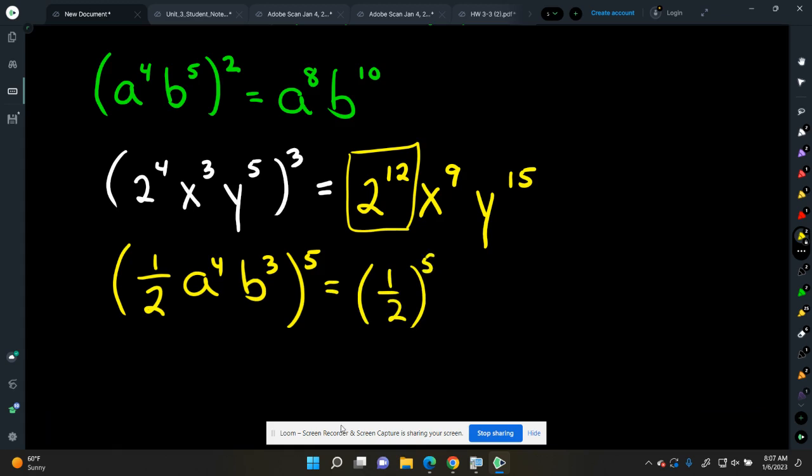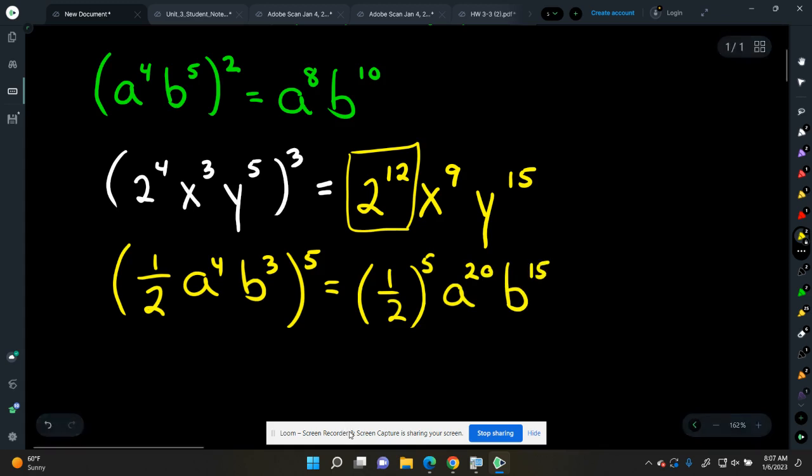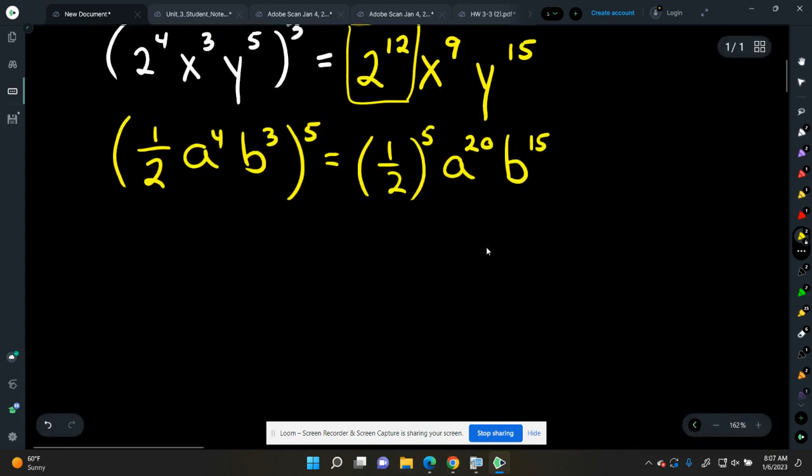And then how about the a? What's that going to be? a to the 20, right? A to the 20, and then b to the 15. Okay, so now let's deal with that 1/2. What are the exponents of the 1 and the 2? What's the exponent here? 1. What's the exponent here? 1.